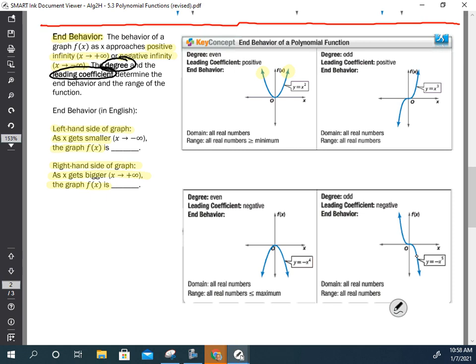These are the 4 possibilities that exist. So, a few things just for clarification. First thing, f of x is the same thing as y. F of x and y mean the same thing.